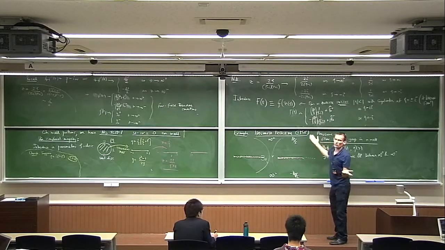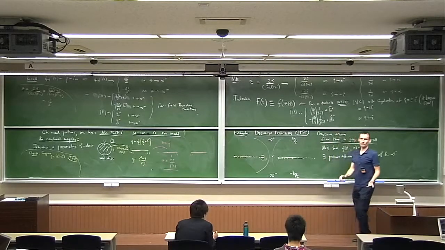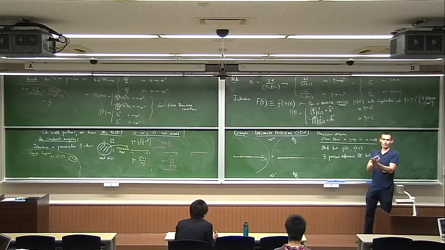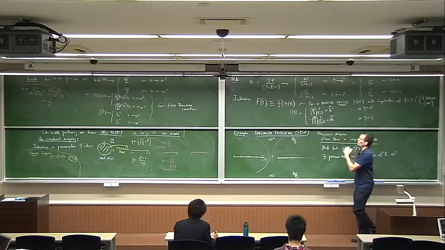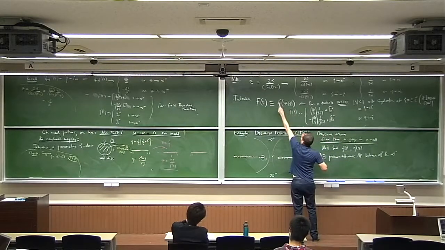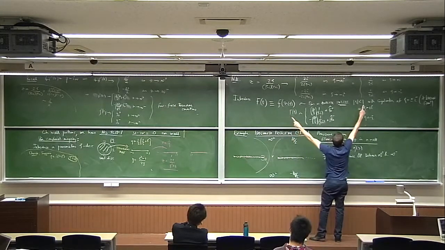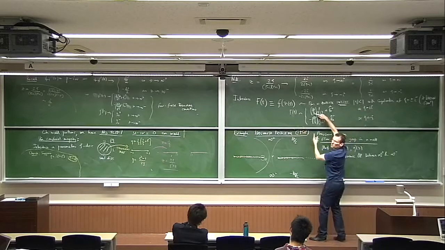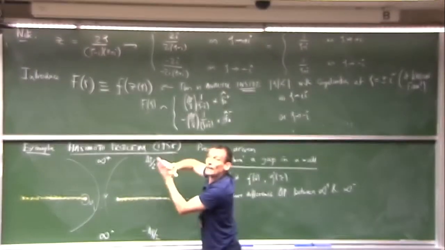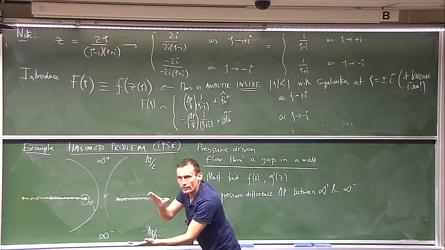Delta P over 8 is a constant. The only difference is the minus sign. So in other words, that thing looks like that, which is almost the same as what I need multiplied by delta P over 8, except there's a minus sign that's wrong.